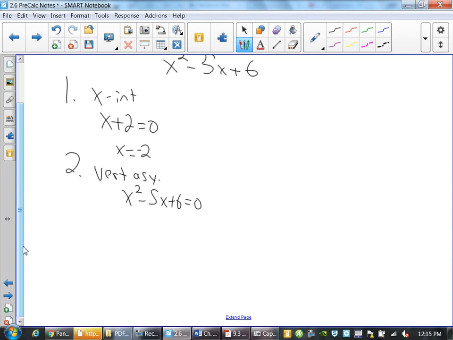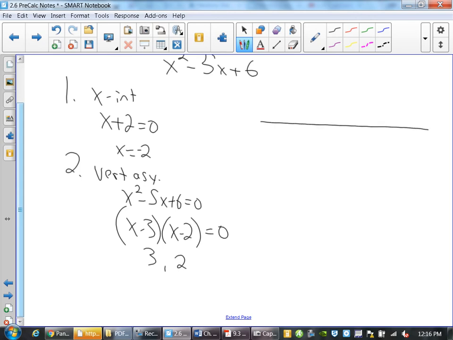Negative 3, negative 2, which gives me zeros at 3 and 2. Good. So as we're starting to look at the curves of these things, we know we have an x-intercept at negative 2. We have vertical asymptotes at 3 and at 2.